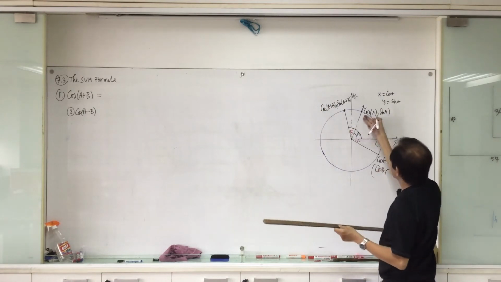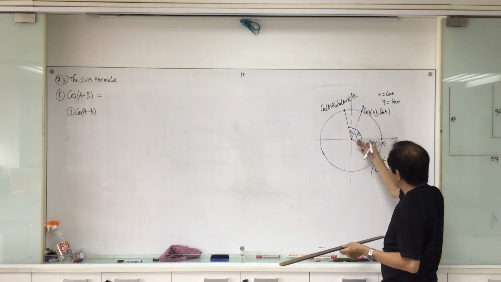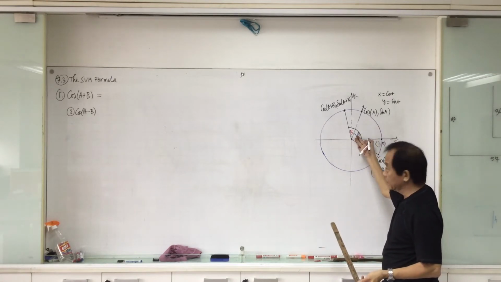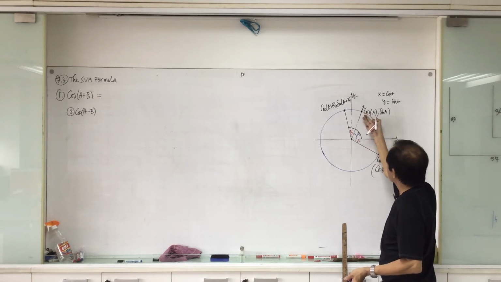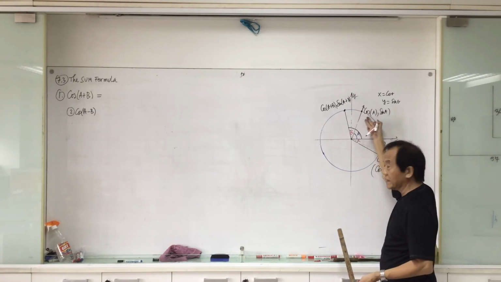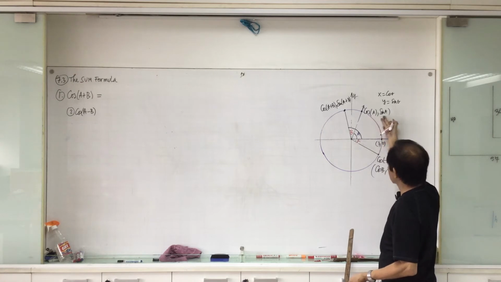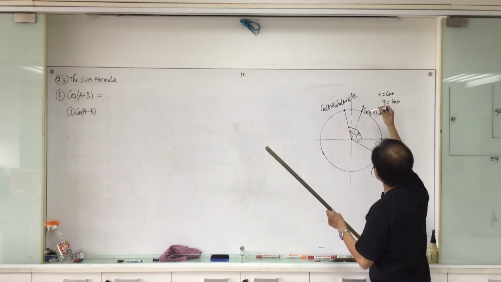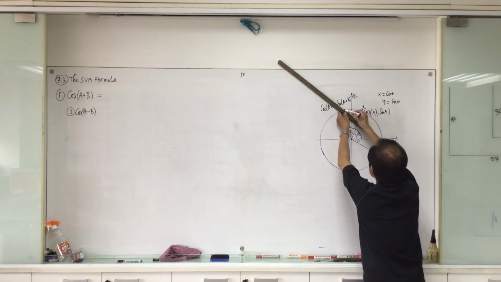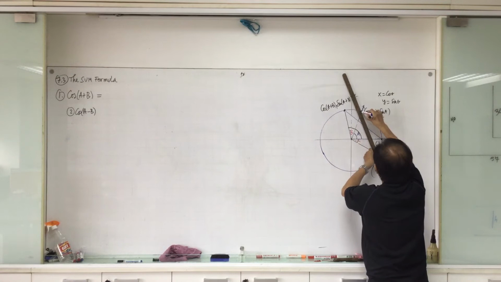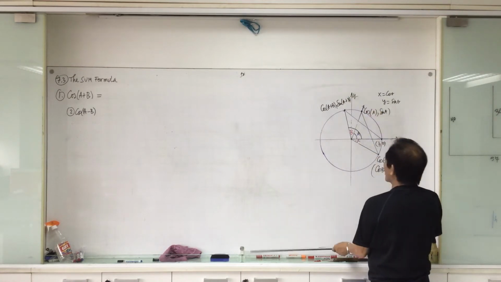Here you review what we mean by an angle in standard position. You review how to write coordinate x and y in terms of cosine and sine trig functions, right? X is cosine, y is sine. Those are two things to review. The third thing to review is that the line here has to equal the distance from here to here. Why?